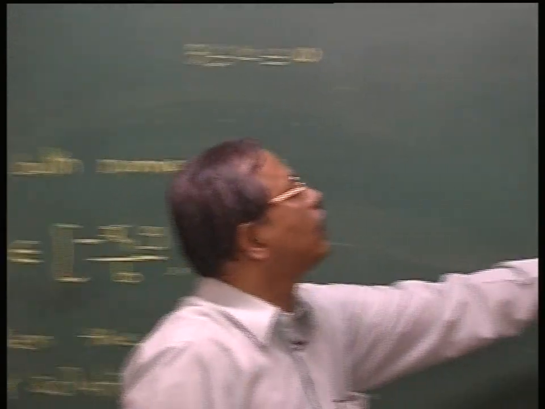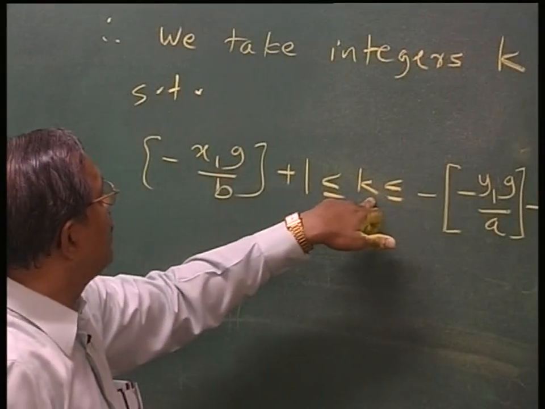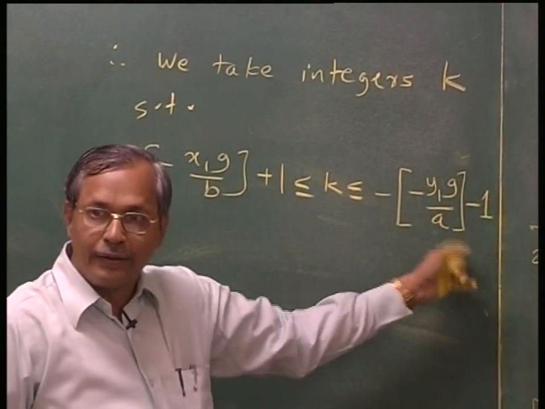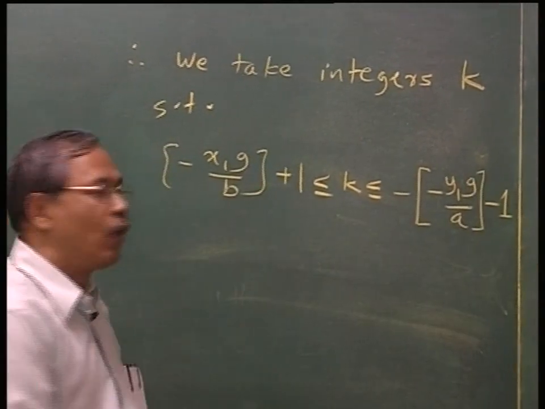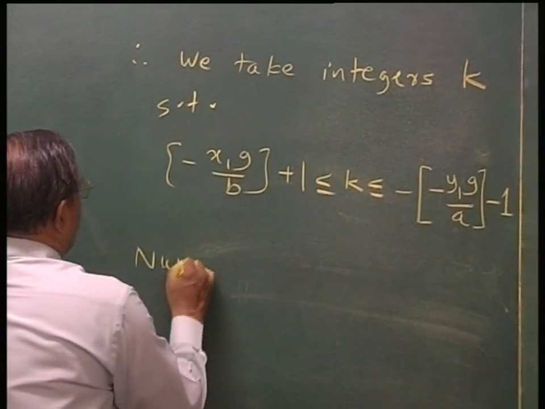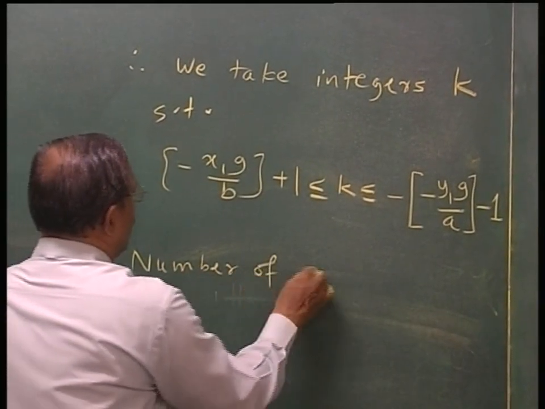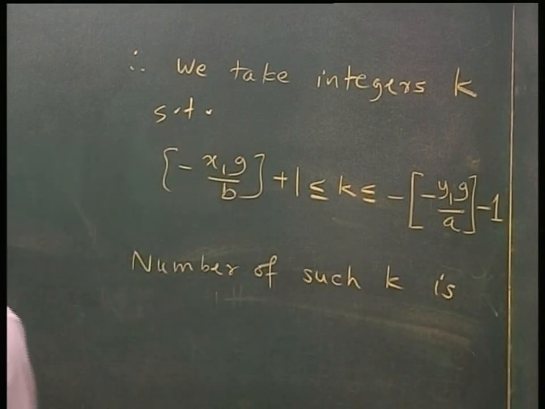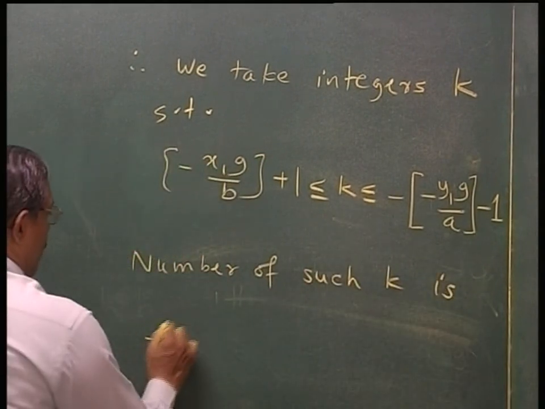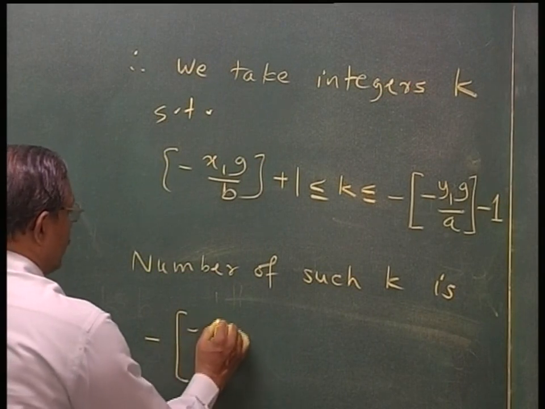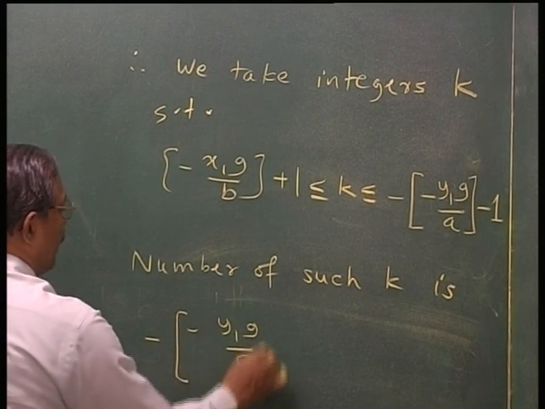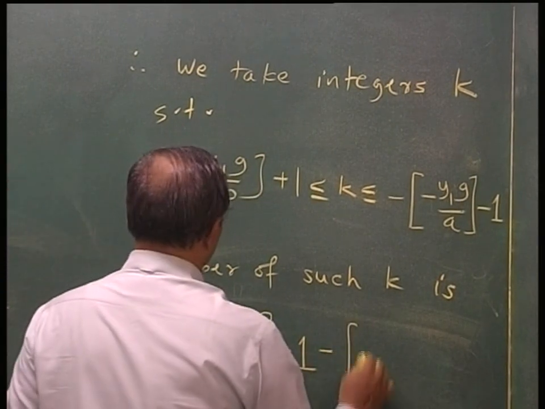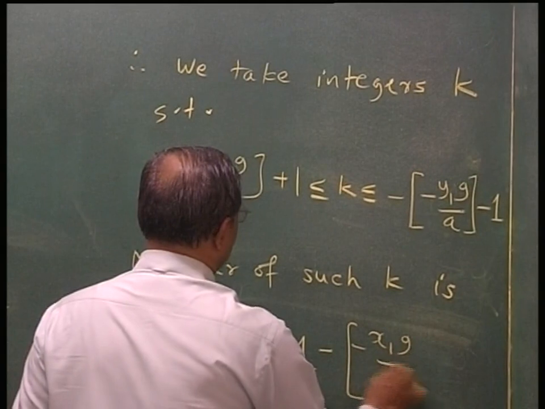So if you want k such that k is between this integer and this integer inclusive, both are included, then you take the difference of these two and add 1 to it. Number of such k is minus integral part of minus y1g by a minus 1 minus integral part of minus x1g by b.